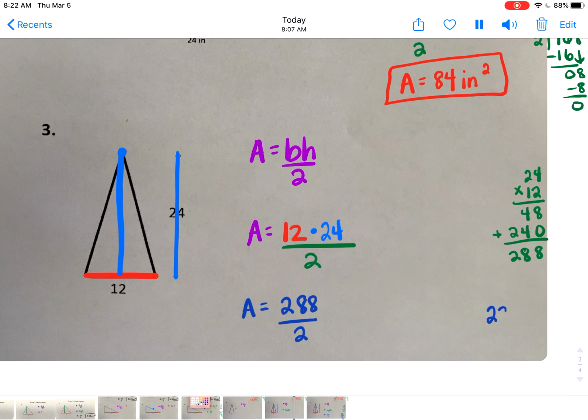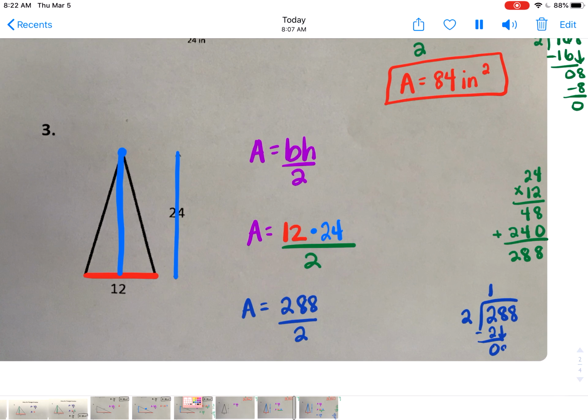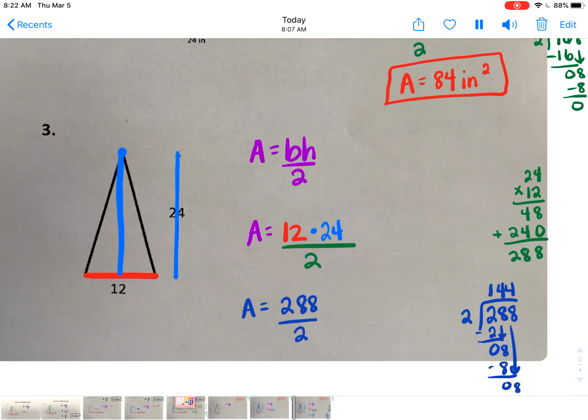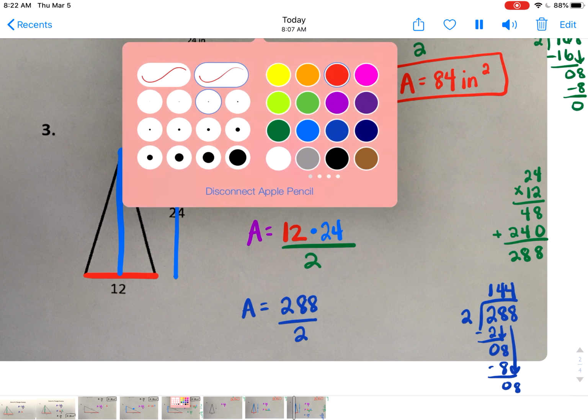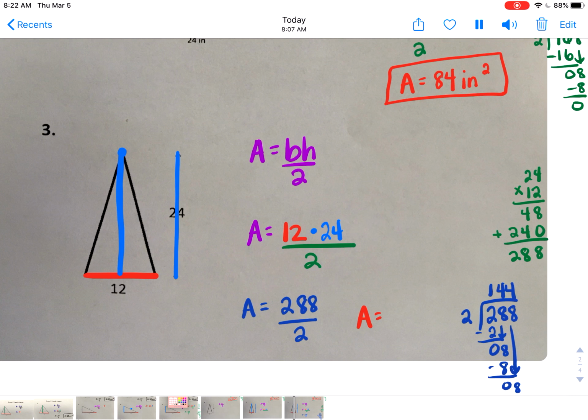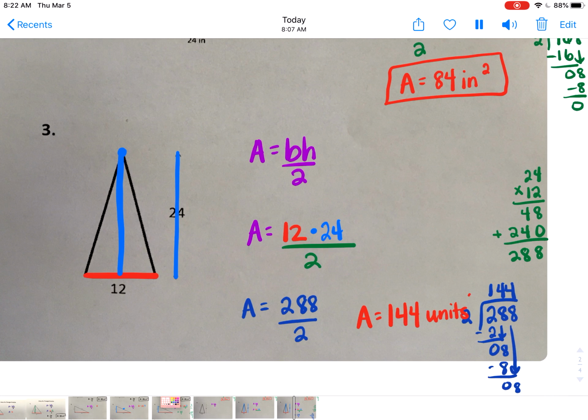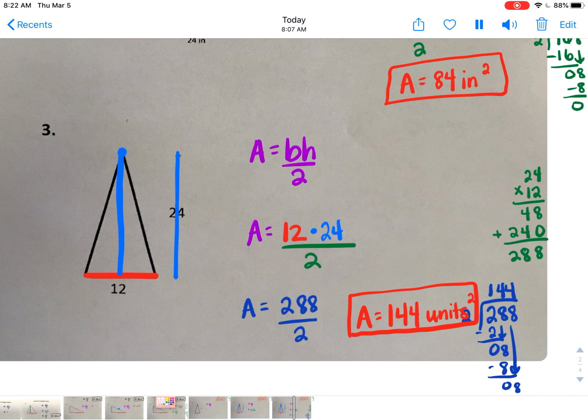So now 288 divided by 2. So my area equals 144, and this one doesn't have units, so I can also just put units squared. There we go.